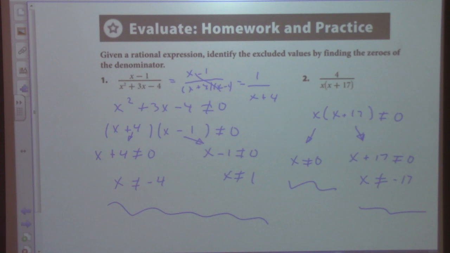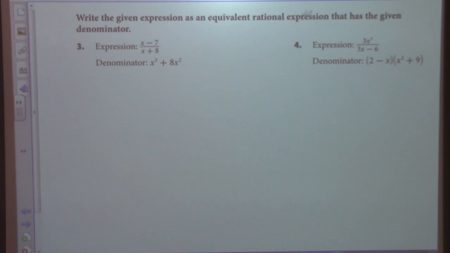Number 3 says write the given expression as an equivalent rational expression that has the given denominator. Here's the expression, and we want to get our denominator equal to x cubed plus 8x squared. How do we do that? Let's factor this denominator. What's our common factor? x squared, right?